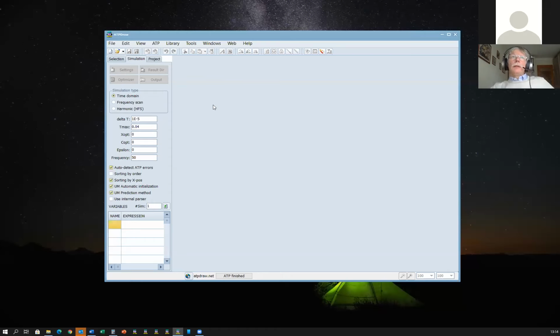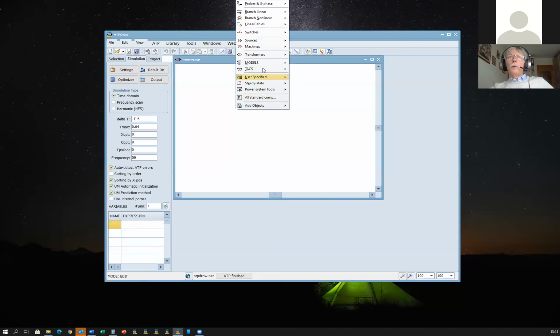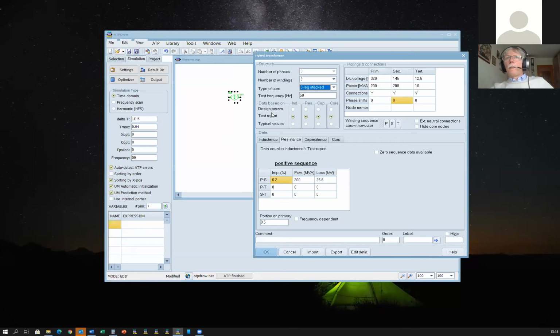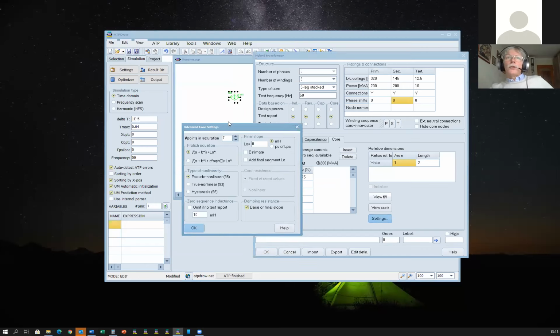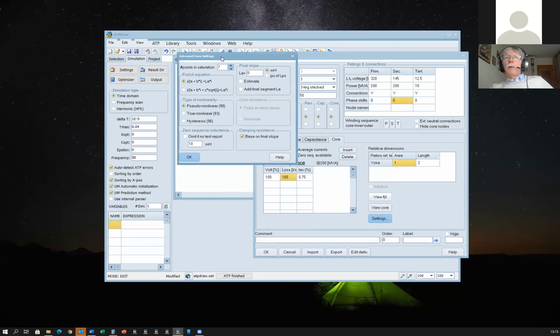The only limitation I know related to XFMR, the hybrid model, is that you cannot work with the residual flux. XFMR supports, if you go to the core modeling and go to settings, you can choose which type of nonlinearity will be used.